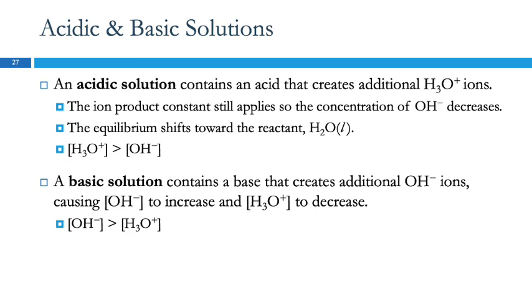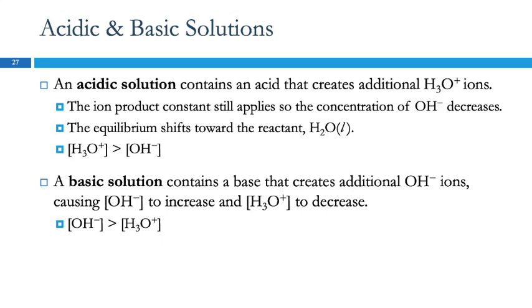So water is a neutral substance. An acidic solution is one that has extra acid in it, so it has additional hydronium ions. The ion product constant for water still applies.